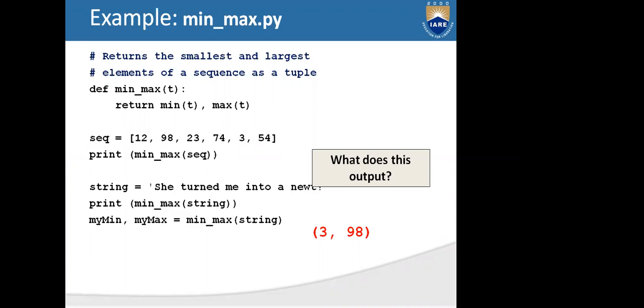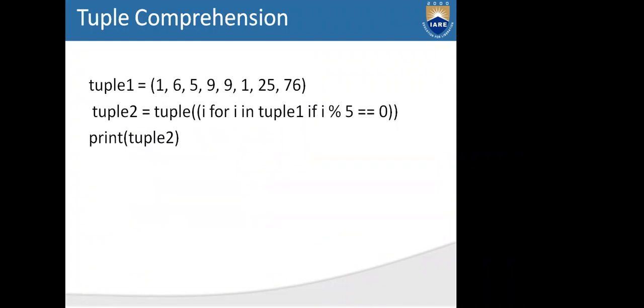Multiple values are returned in the form of a tuple. You may wonder why we have written a method for that. I could directly print min and max here, but I have written it as a method. I can pass a string, a tuple or any list, and any of them will work.